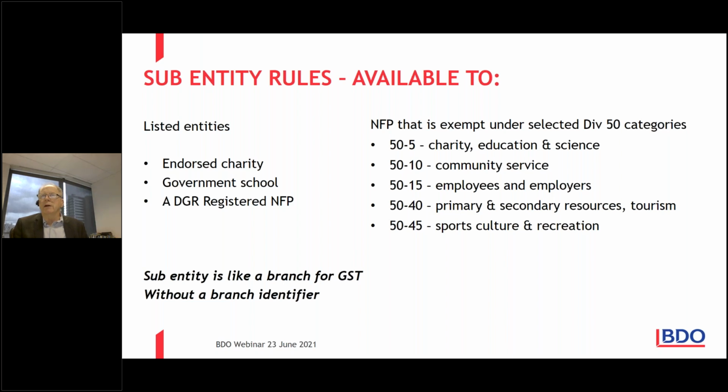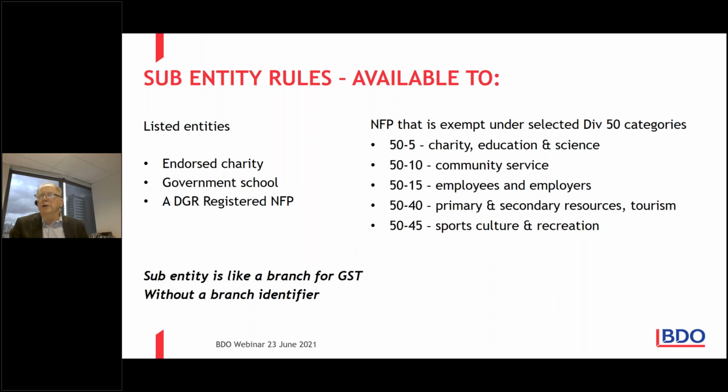The category of charity, education and science, so that'll pick up your regular non-government schools, will fit within that charity definition, because the schools that are not government schools, they fall within that definition of charity when they're run by a not-for-profit organisation. Community service under 50-10, so that's things like your Rotary clubs, fall within there.